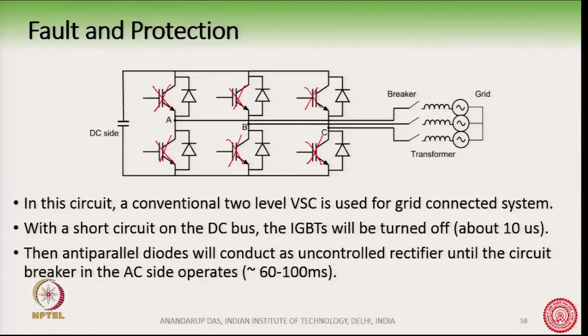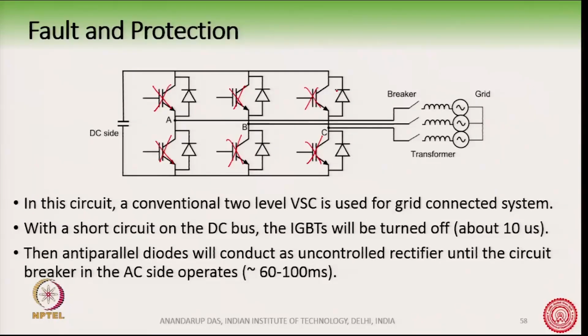Okay. Now, after 10 microseconds, how does this circuit look like? This circuit looks like an uncontrolled 3-phase diode rectifier. Okay. You see these diodes, these are all present here, and they are uncontrolled devices, right.